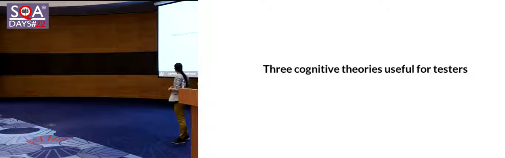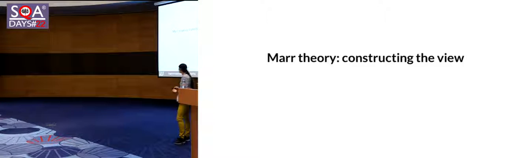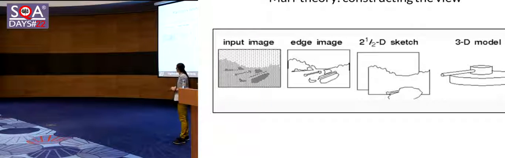So coming to the point of the theories, let's have the first by David Marr. He's the British neuroscientist who developed the idea of visualization stages, and the same applies to the human eye.